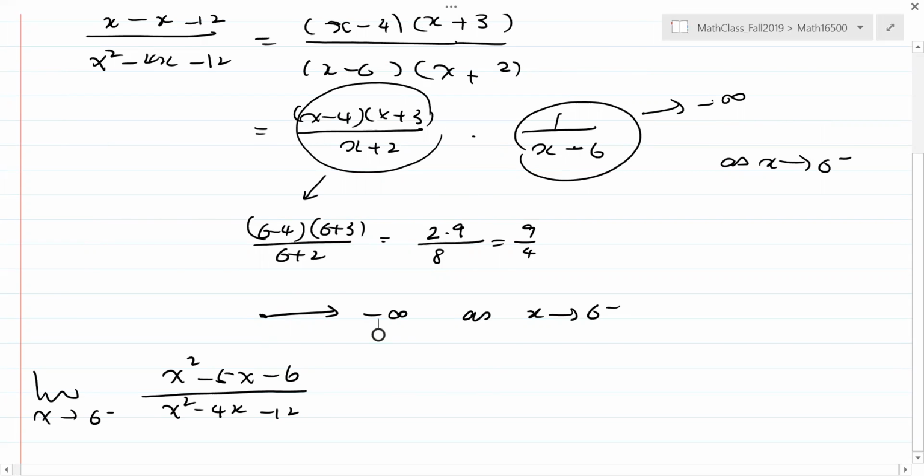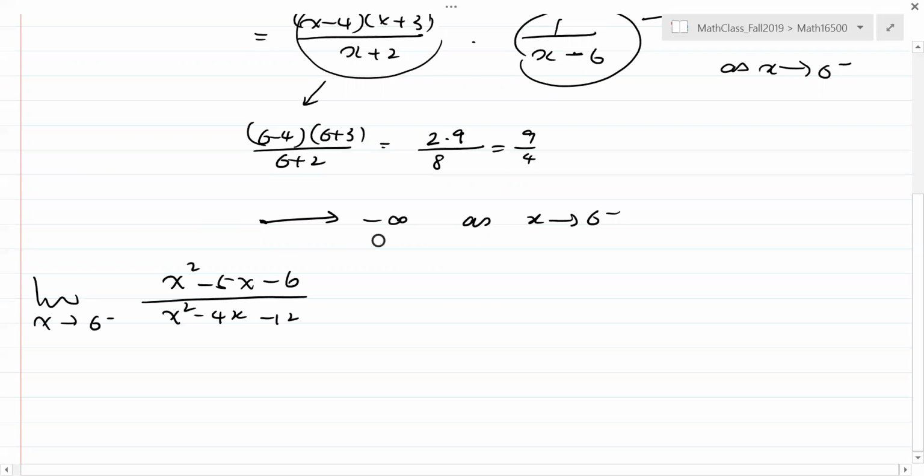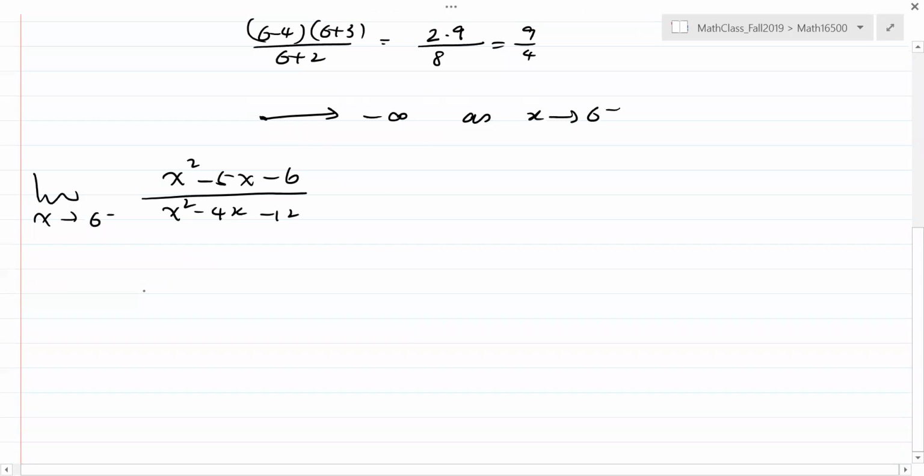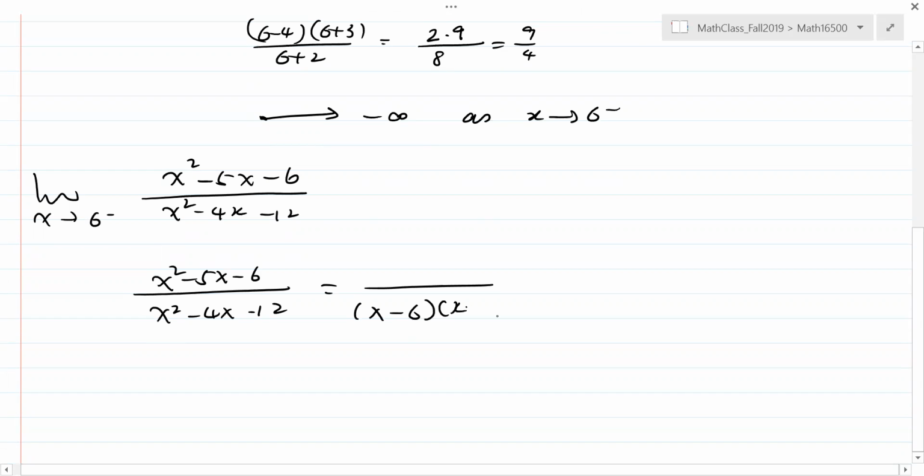It's a little bit difficult to compute it if you plug 6 for x, but you're still trying to factor this. And it turns out to be x minus 6 times x plus 1 on the top, and in the denominator x minus 6 and x plus 2.